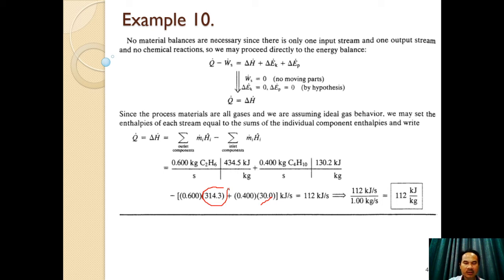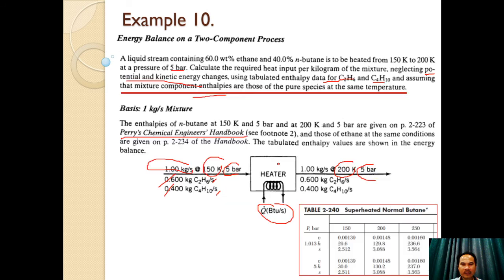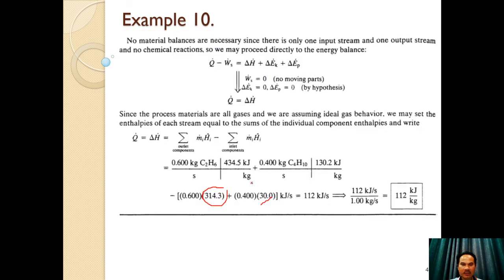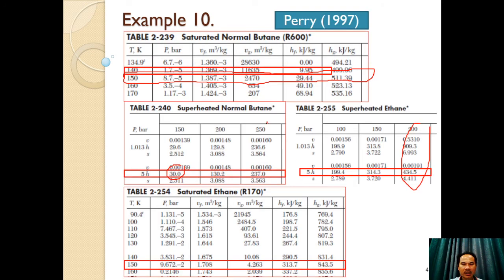This is the input component. And for the output at 200 Kelvin, the values are 433.4 and 130.2.